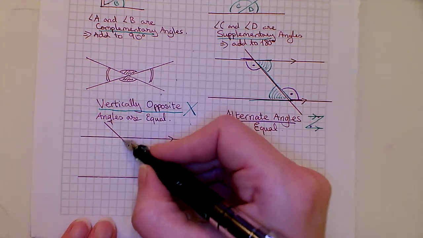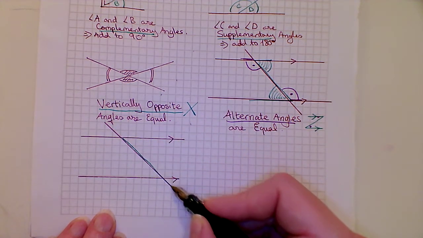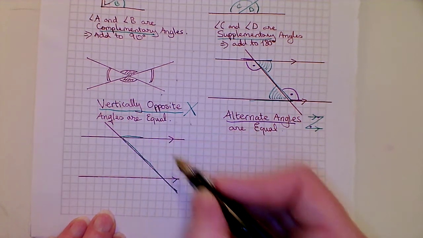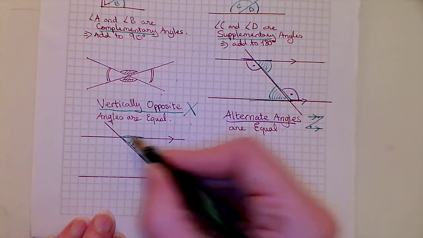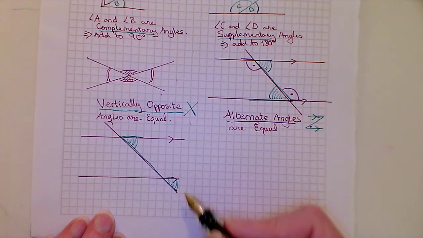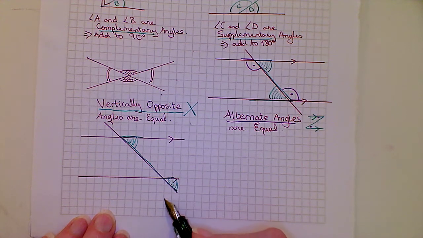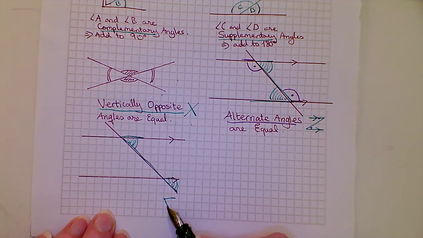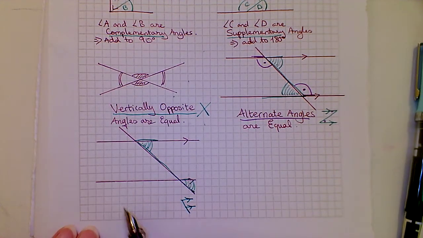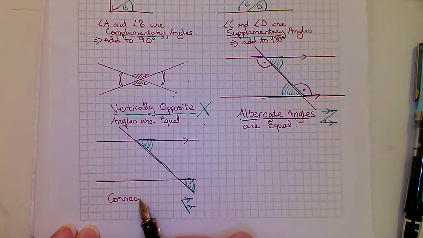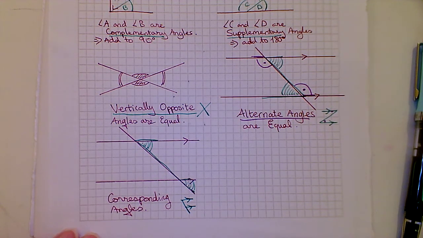So if I can find an F shape or a backwards F shape, like this, then I get what's called corresponding angles. So my F shape, like this, they're called corresponding angles, and corresponding angles are equal as well.